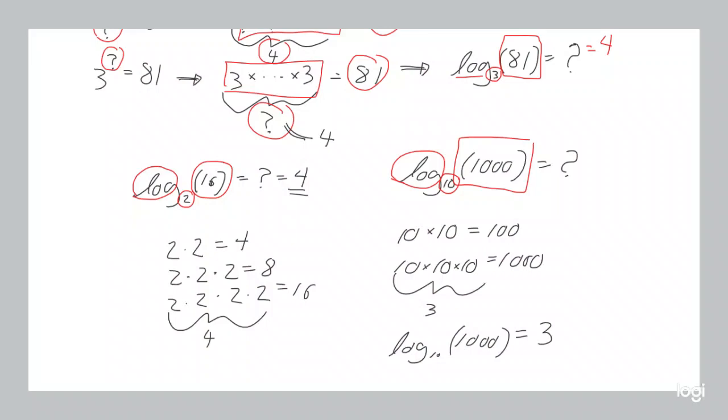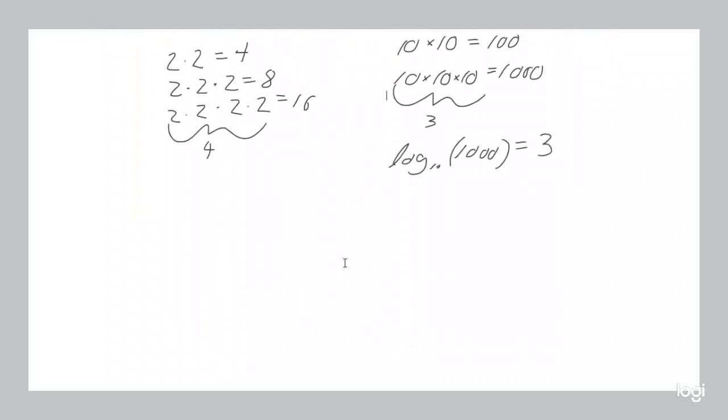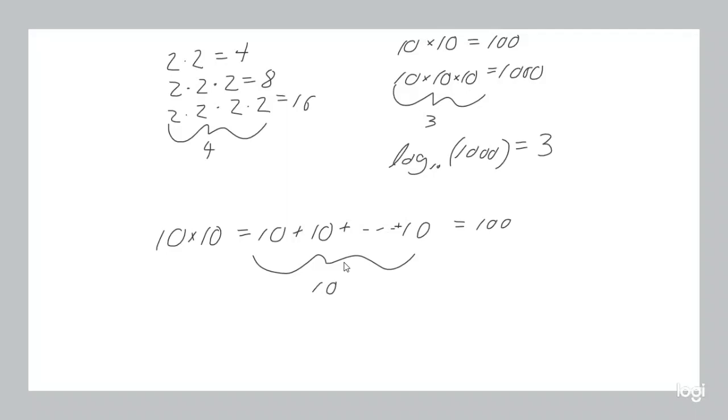And what is 10 times 10 times 10? Well, 10 times 10 is 10 plus 10 plus a whole bunch of 10s. How many 10s do we have to add? 10 of them. You add up 10 10s, you get 100. 10 times 10 times 10, well, that's 100 times 10, which is 100 plus 100 plus a whole bunch of 100s.